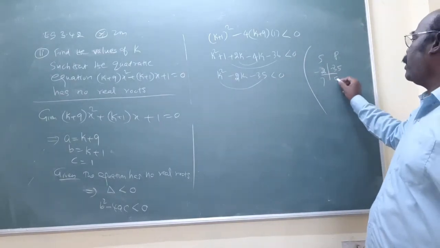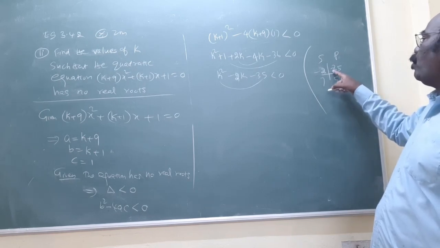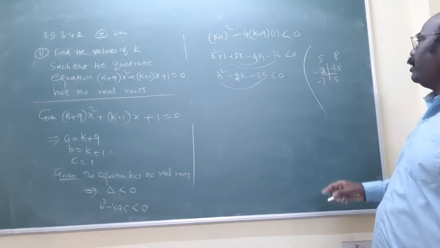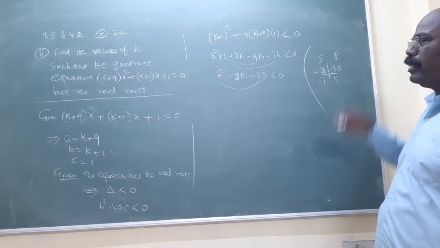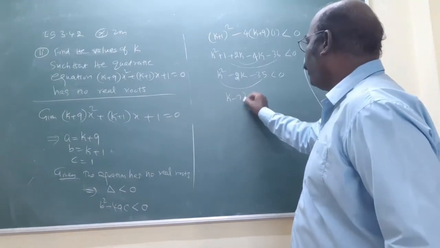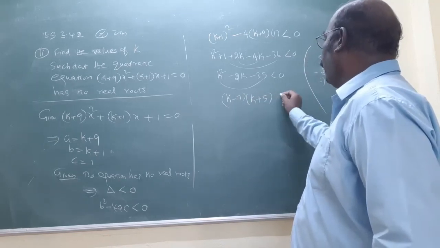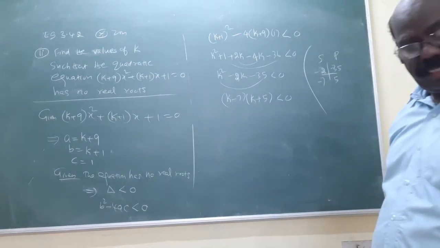You want to guess: 7 and 5, 35. Here minus, you know, that's why you put minus here or here. But the sum of the numbers is minus 2, so put minus on the 7. Then 5 minus 7 is minus 2. So your answer is k minus 7, k plus 5 less than 0. Am I right? Factorize, you get the answer.